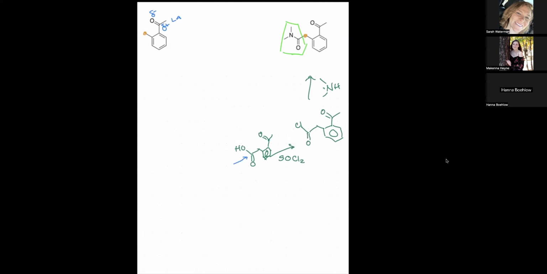Okay, if we did that, then if you turned this whole structure into just an alcohol, you would have OH here and then your phenyl group.